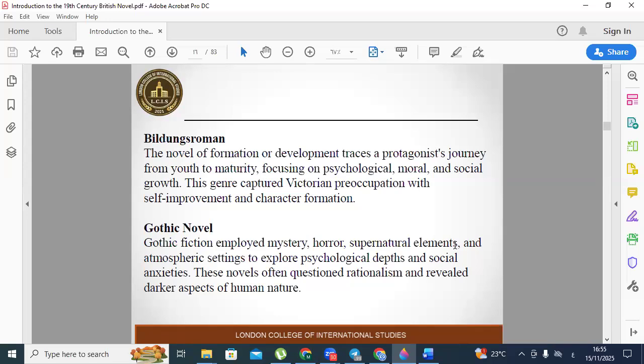The Gothic novel. Gothic fiction employed mystery, horror, supernatural elements, and atmospheric settings to explore psychological depth and social anxieties. These novels often questioned rationalism and revealed darker aspects of human nature.